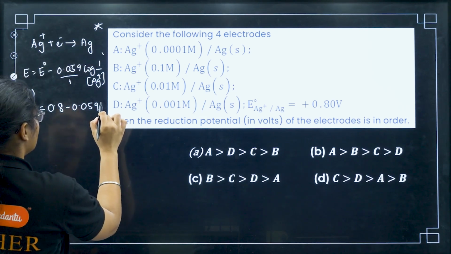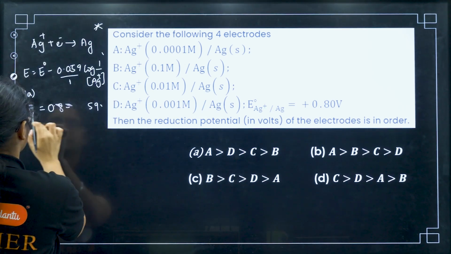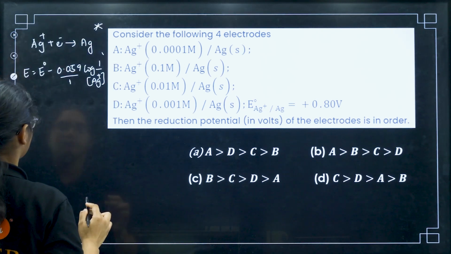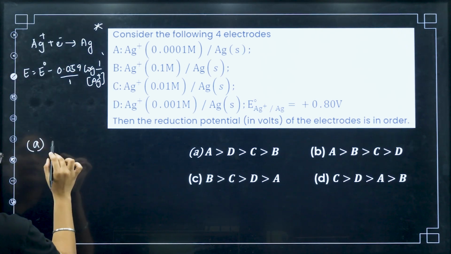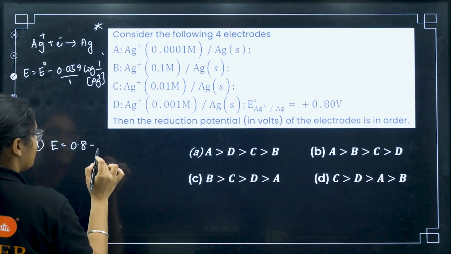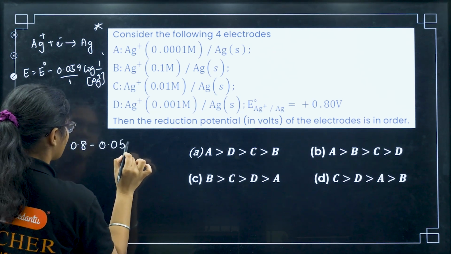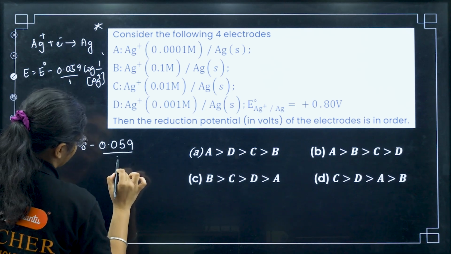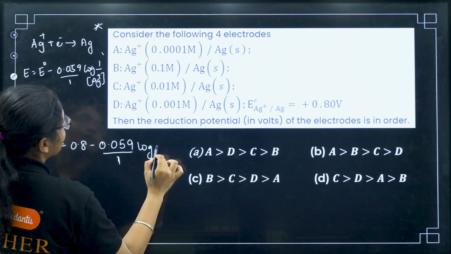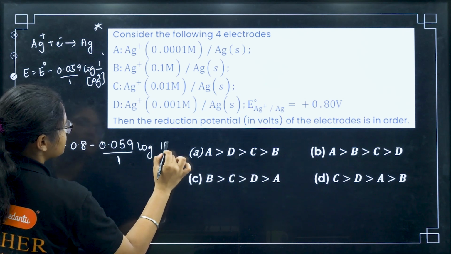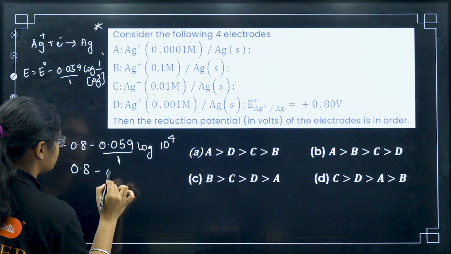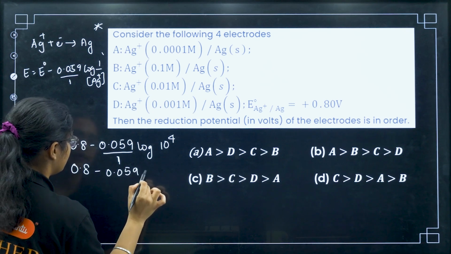I am not having space here, let me go down and write here, wait. For option number A, E of the cell will be equal to E0, that is 0.8 minus 0.059 by n, that is 1 log of 10 to the power of minus 4, so this will go up 10 to the power 4, so I will have 0.8 minus 0.059 into 4.